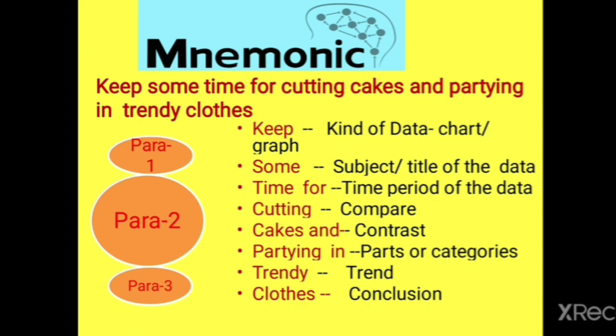So the relative size of your paragraphs will also be according to this. Para 1 will only be about 2 or 3 sentences, para 2 will be about 6 to 7 sentences, and para 3 will be again just 2 sentences.